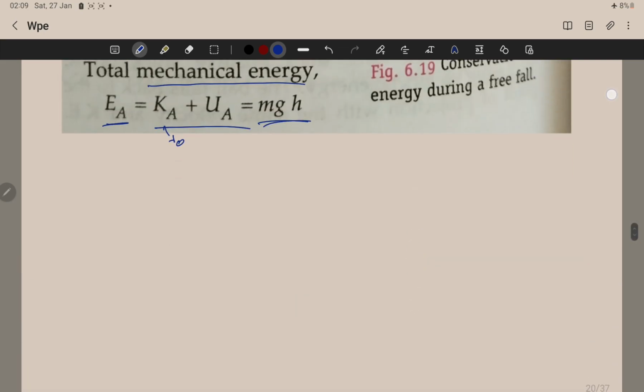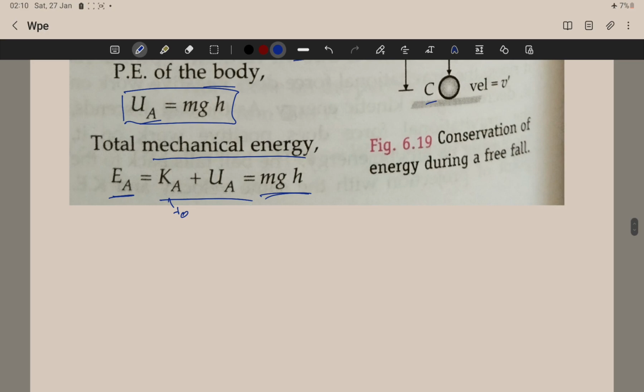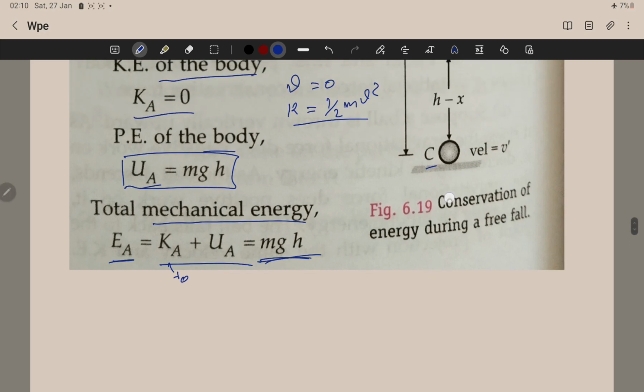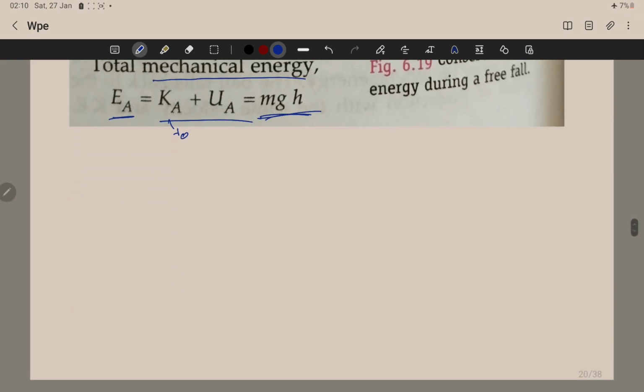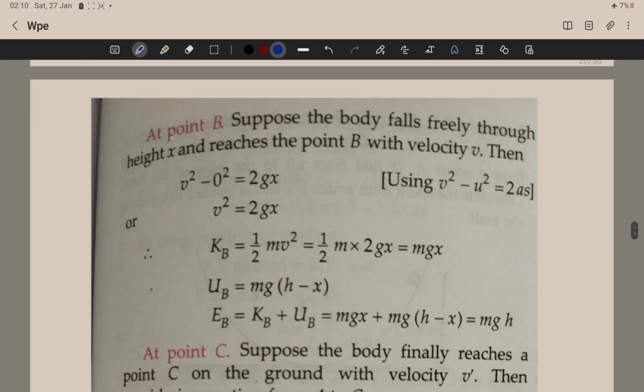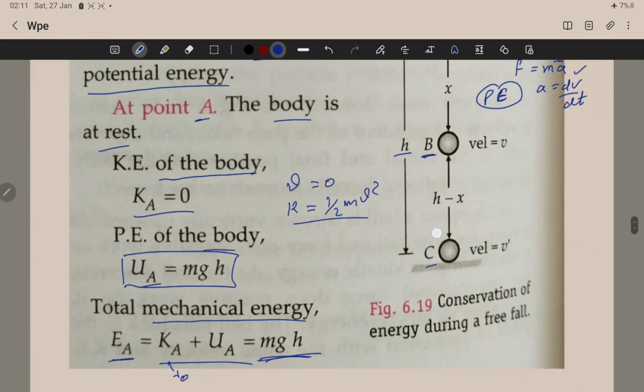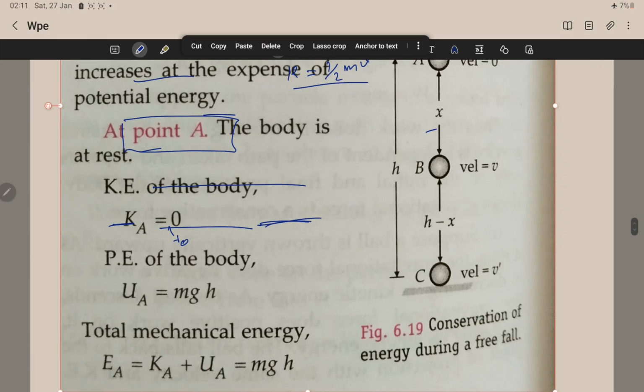So here we have done the total energy at A. Now let's talk about point B: what is the potential energy and kinetic energy, and what is the sum at point B. Suppose the body falls freely through a height x.